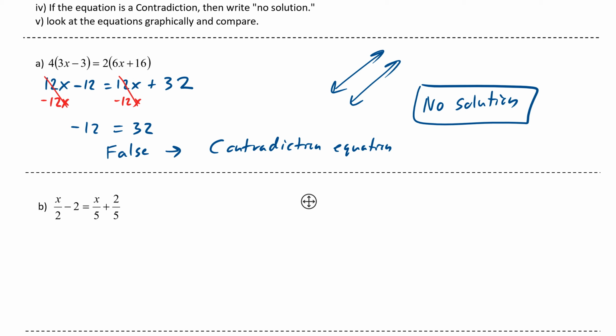Now if we multiply everything by the common denominator, which is 10, this one we can just distribute. That would be 5x minus 20 equals 2x plus, and that would be 2 times 2 is 4. And then we solve.